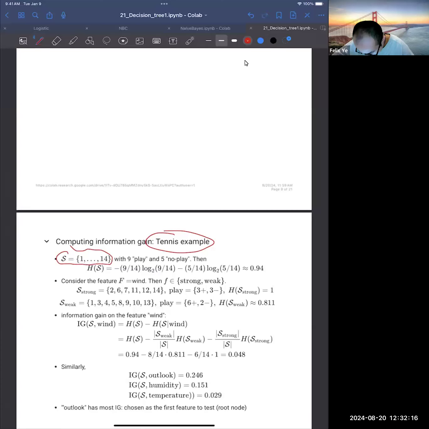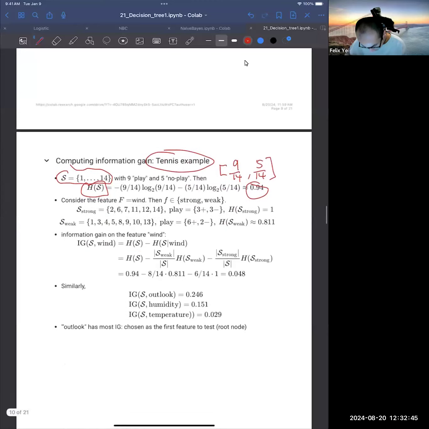Then we have 9 play and 5 no play. The entropy here, with probabilities 9/14 and 5/14, is about 0.94. That's the uncertainty we have if we have no idea about the other features.